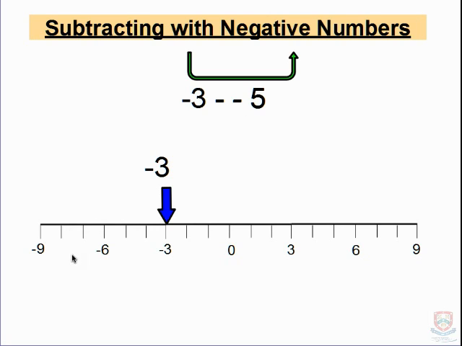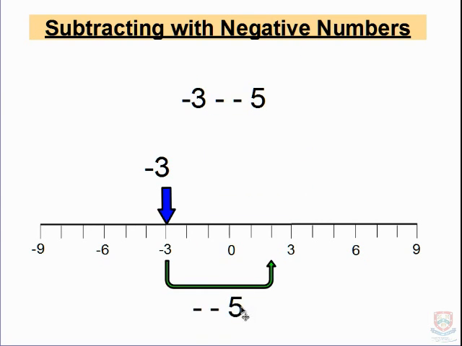And that would give us an answer of -8. But we're going to take away a -5, which changes the direction, which means the number is going to get bigger. So we move 5 places to the right. 1, 2, 3, 4, 5. Now, according to our number line, that would give us an answer of 2.